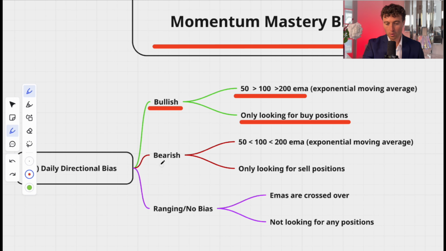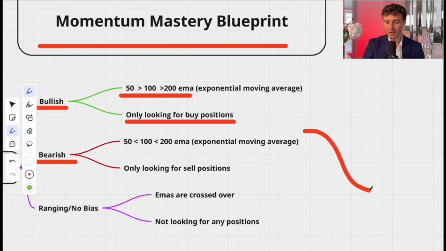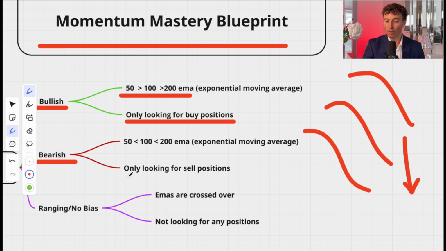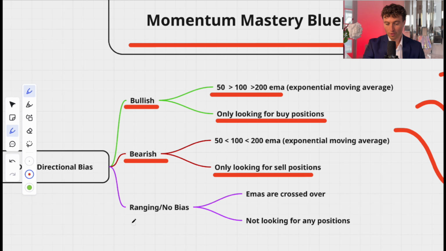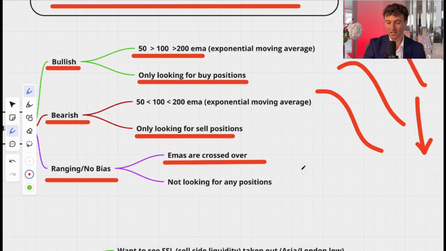The second scenario would be if we were bearish in the market. This would be when the 50 EMA is less than the 100 EMA, which is less than the 200 EMA. This would indicate a sell daily directional bias, and therefore we would only be looking for sell positions. Scenario number 3 would be a ranging or no bias market, and this would be when the EMAs are crossed over. So let's say that the 50 EMA crosses over the 100.